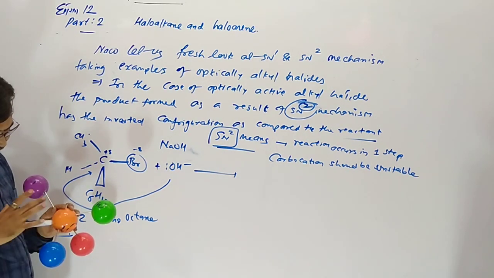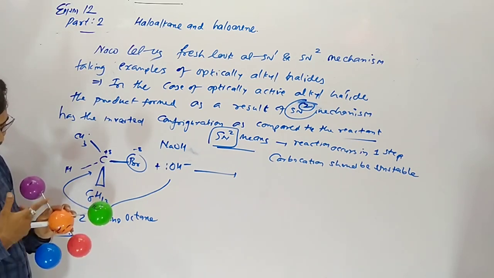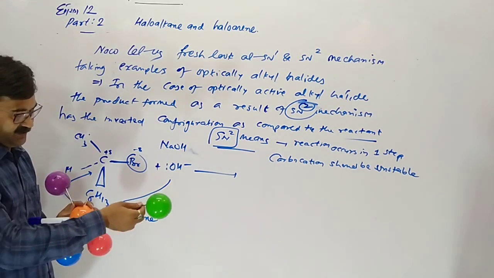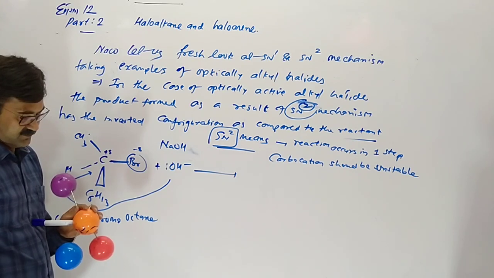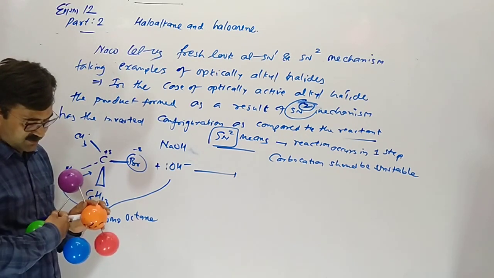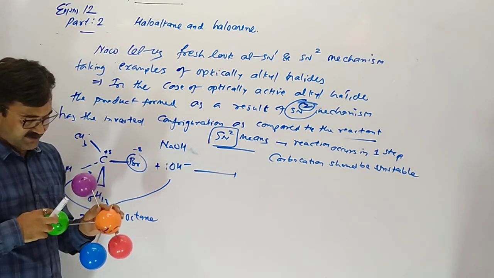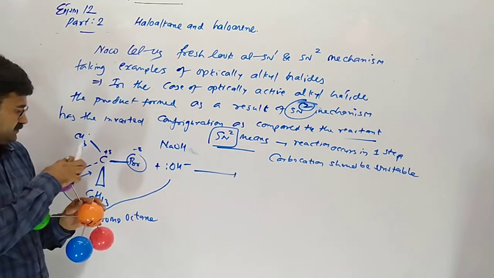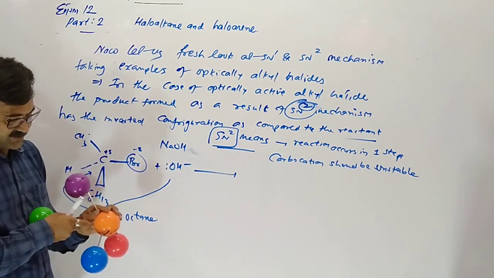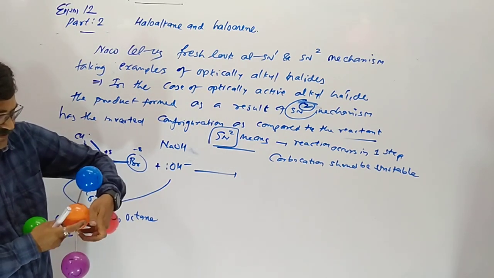So these two bonds are now weak. This bond will break, this bond will form. Now OH is entering, and repulsion occurs more here. So the three groups, CH3, H and the other, change their side and move to the opposite side.